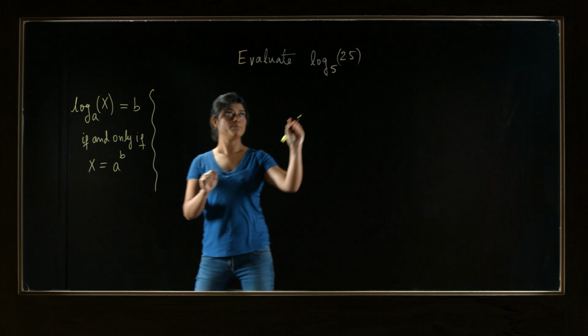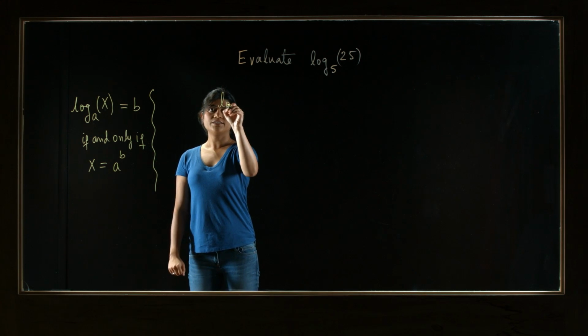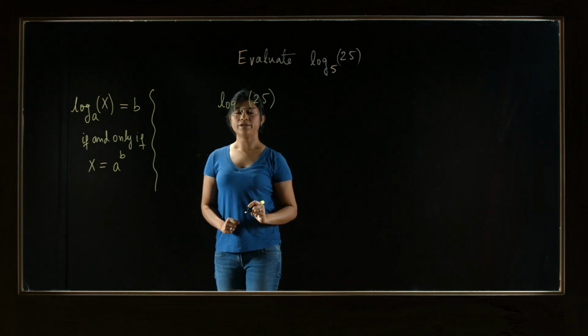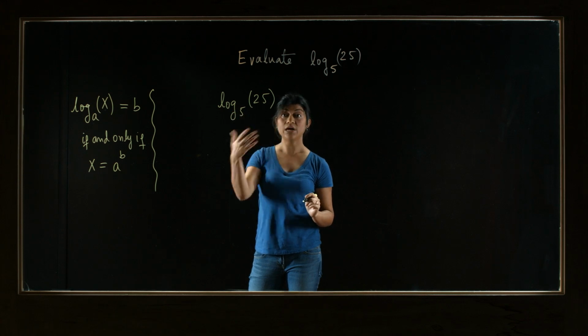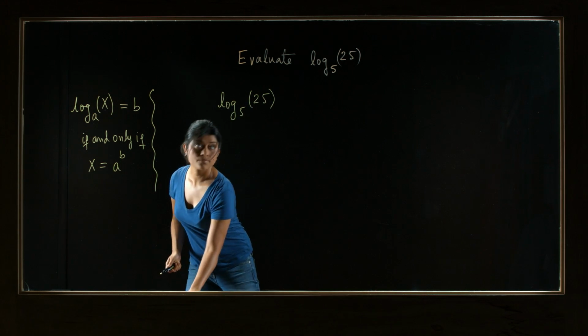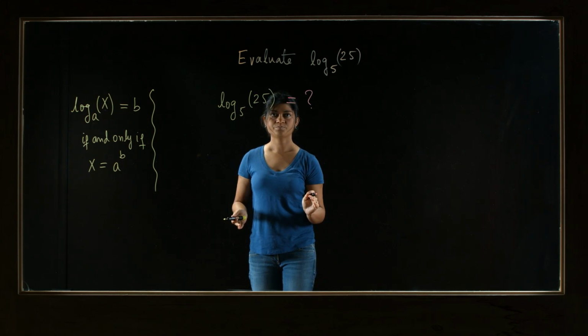So let's come back to our expression and see if we can evaluate this logarithm. Okay, so we have to figure out what the value of this expression is without using any calculator. So what is this equal to? That's what you have to figure out.